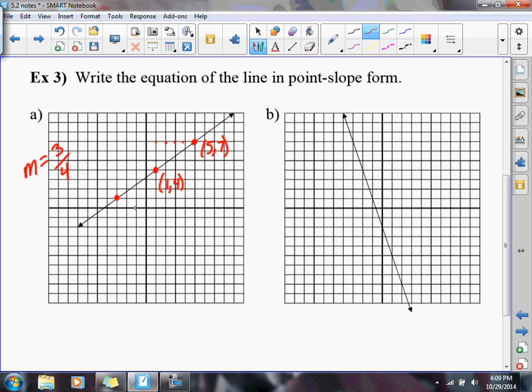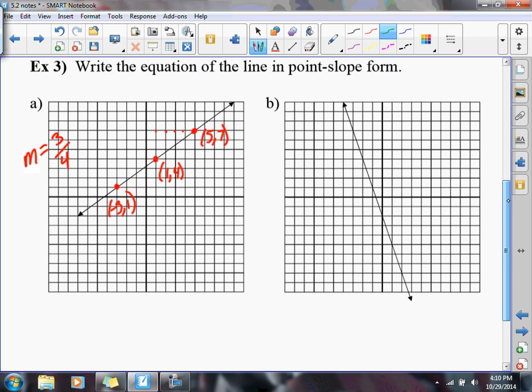Now this ordered pair over here, that's negative 3, 1. I could use any of those points when I'm writing my equation. Okay? Doesn't matter which one. So if you picked negative 3, 1 and somebody else picked 5, 7, your equations might look a little bit different, but when you resolve them in slope-intercept form, you will all get the exact same equation.